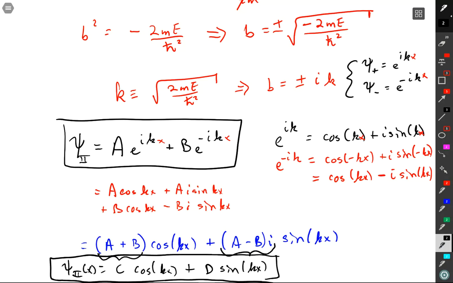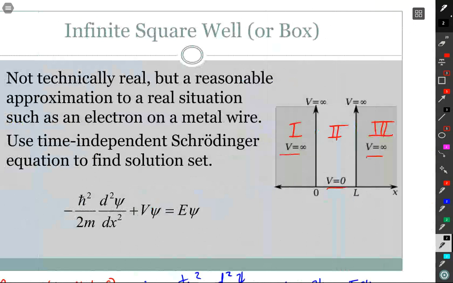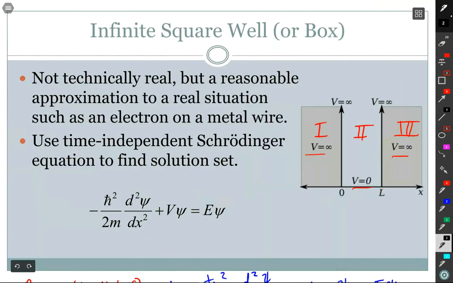So what have we done so far? I've been doing a lot of writing and talking. What have I done? Trying to approximate an energy level of a particle in the box or whatever it is. I haven't even gotten to energy level yet.